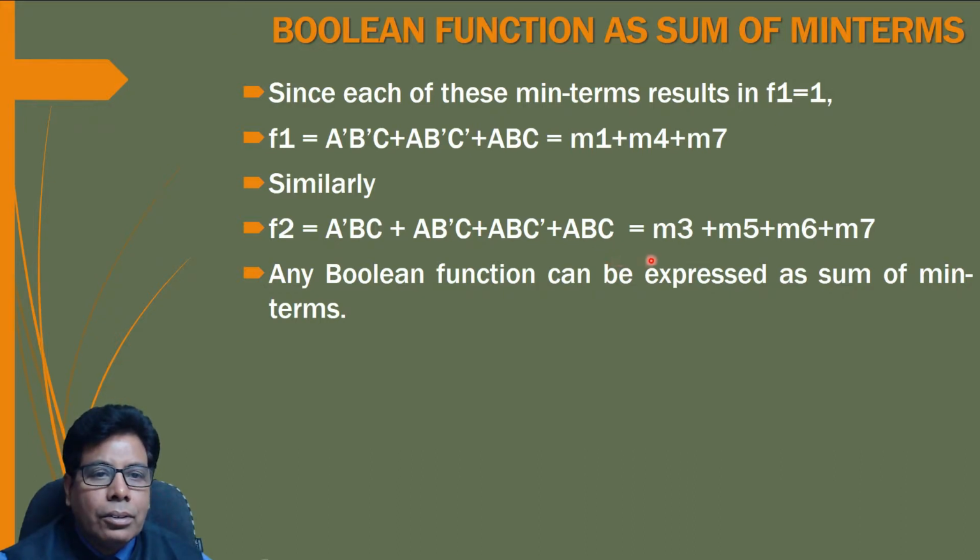So it will be m3 plus m5 plus m6 plus m7. So in this way, any Boolean function can be expressed as a sum of the minterms.